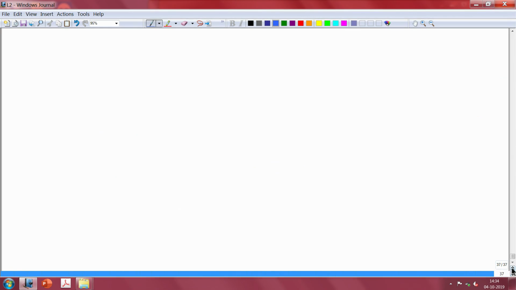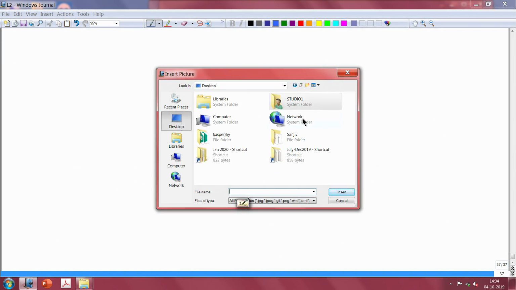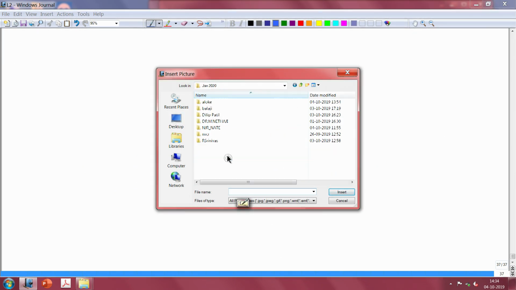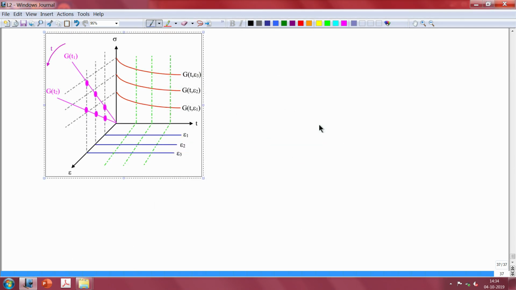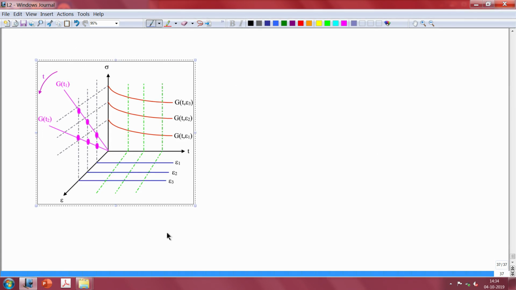What we have done is for this phenomena we have made a very nice 3-dimensional graph which explains what we are doing. We have made a 3-dimensional plot showing the same thing that we just discussed. In the bottom, the epsilon-t plane is the input plane, and that is being sampled.